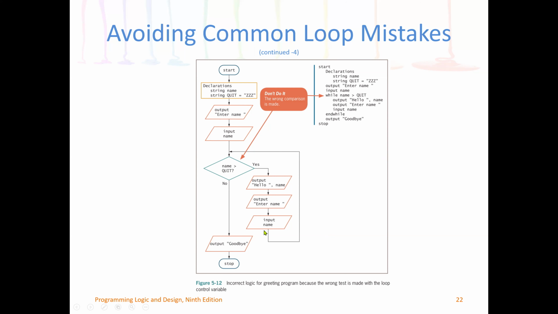So doing this may give us most likely an infinity loop or something, because we have the quit value, and the name we are going to enter can be greater than quit or may not be greater than quit. So this can cause some errors. Here we say the incorrect logic for the greeting program is because the wrong test is made with the loop control variable.